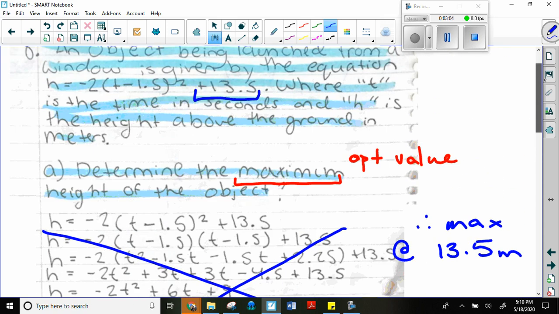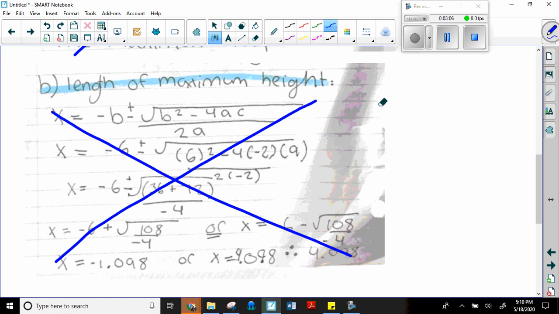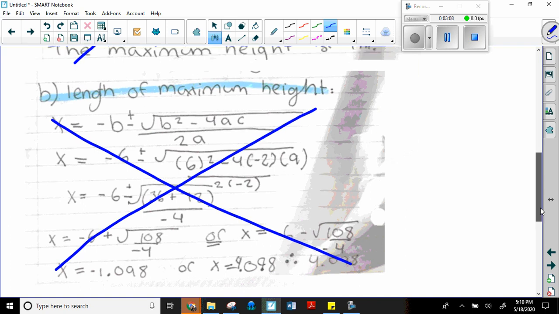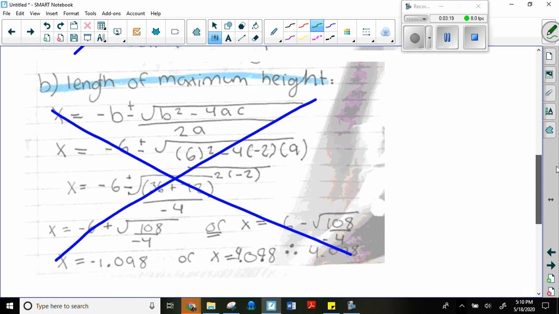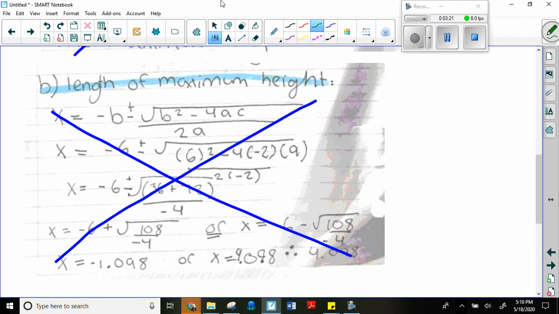And if that's what the question is asking, we have to look back at the original equation, and the time that the maximum height happens is given right there. It's our h value. These questions usually ask for the h value. They want the vertex, they want you to answer the optimal value, they want you to answer the axis of symmetry, and then in C, they actually want you to answer the y-intercept as well.